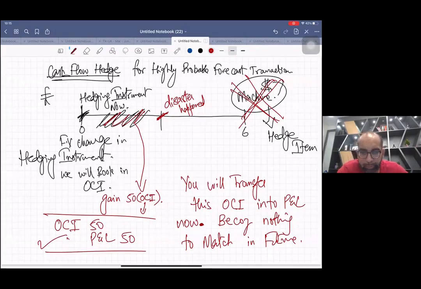So now students, listen, the purpose of hedge accounting is offsetting. This is also one very famous dialogue. The purpose of hedging is to reduce risk, no doubt.